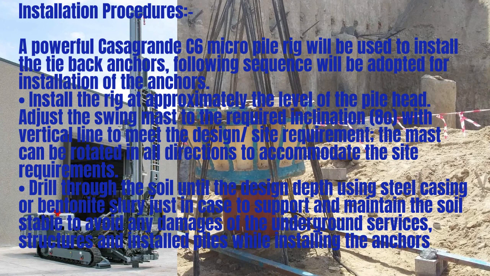Second step, drill through the soil until the design depth using a steel casing or bentonite slurry, just in case, to support and keep the soil stable to avoid any damage to the underground structures and installed piles while installing the anchors.